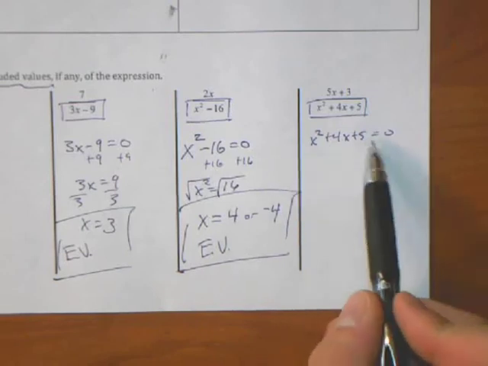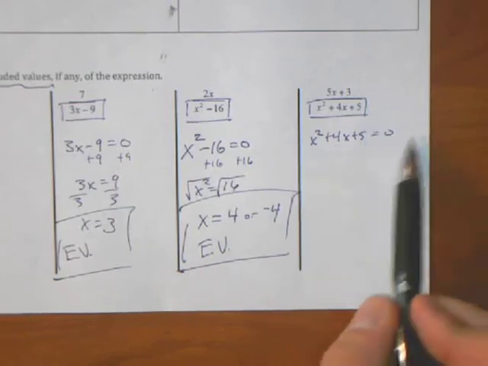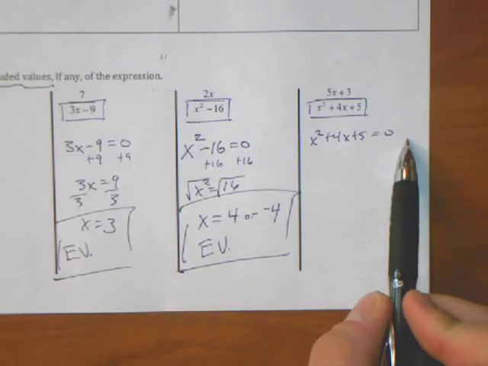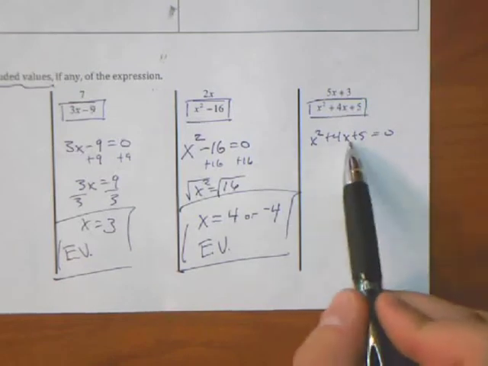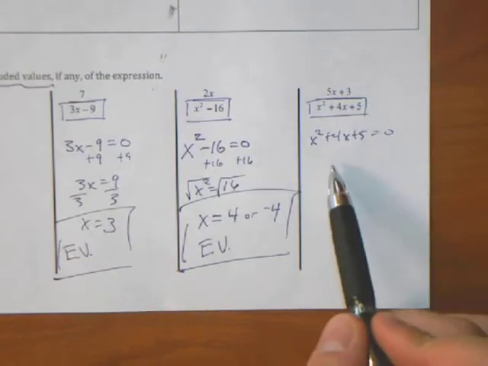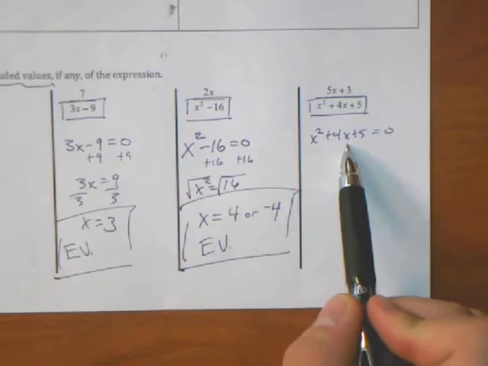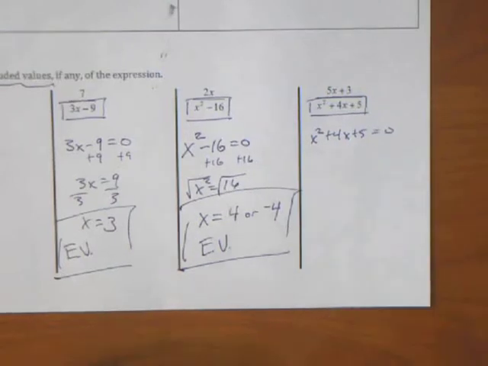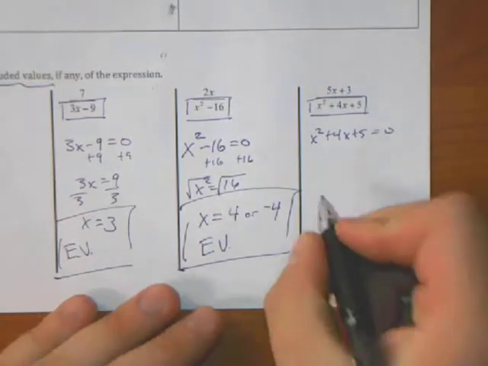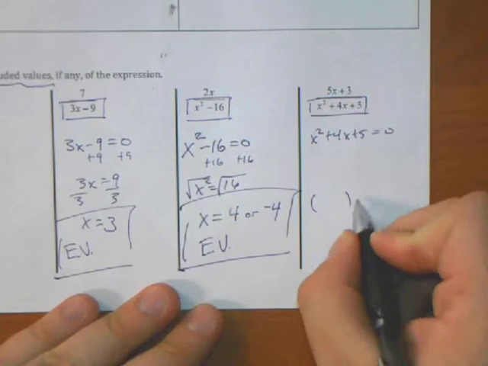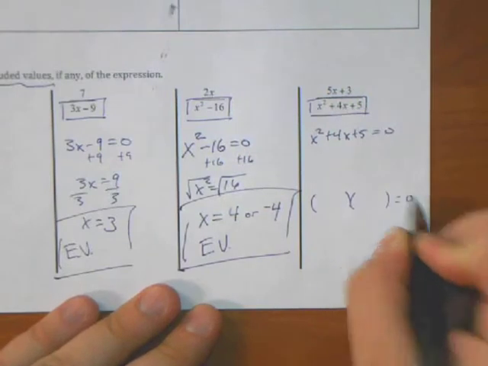What I wouldn't recommend is just subtracting 4x and subtracting 5 and using a square root, because you still have an x. From last unit, chapter 10, we should have seen that you can either try to complete the square here, you can try to use the quadratic formula, or maybe my favorite method would be to try to factor this.